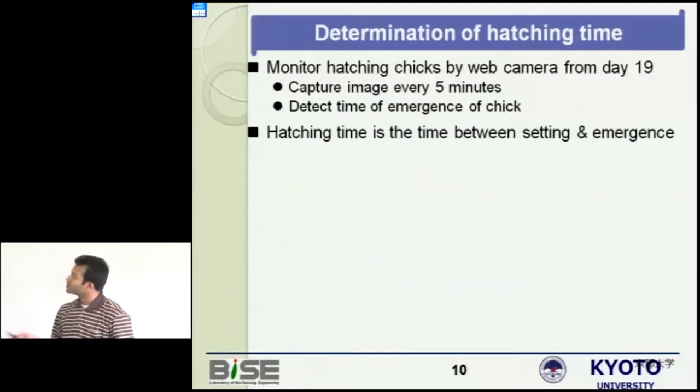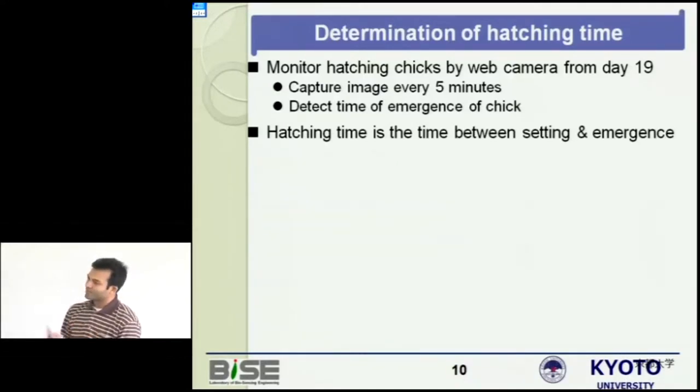For determination of hatching time, we monitor hatching eggs from incubation day 19 until all chicks hatch. During monitoring, we captured an image every 5 minute interval, and from the captured images we detect the time of emergence of the chick.